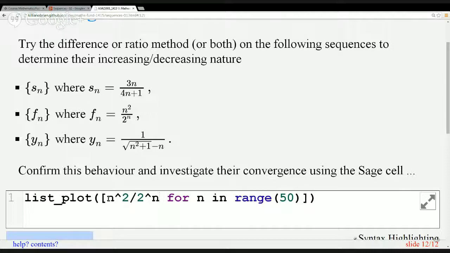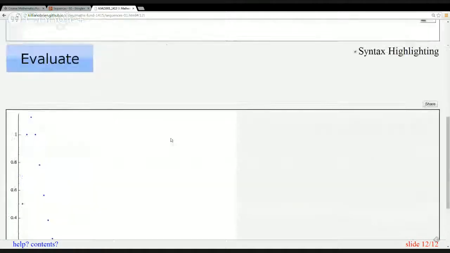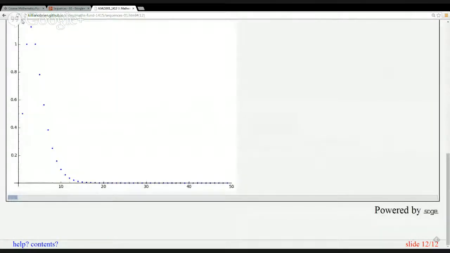When you multiply 2 by itself 100 times, you get an astronomical number. So the bottom is getting huge much quicker than the top. So I think this should be decreasing. So we should hopefully see that in the plot. Yeah, but it does increase for a bit at the start, but then it zooms down and decreases as well.